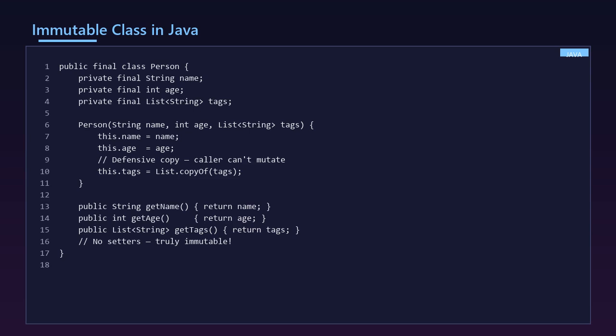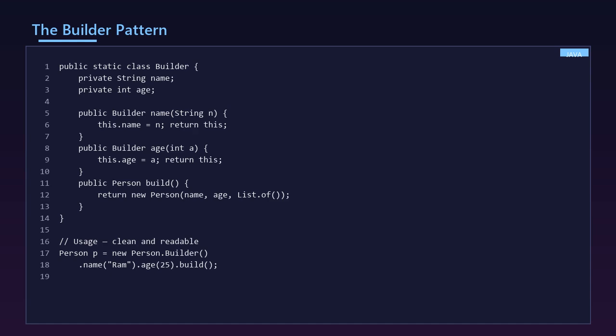If we just stored the reference, the caller could modify their original list and our immutable object would change. So we use list.copyof. This creates an unmodifiable copy. Now, this person object, once created, can never change. Safe to share anywhere. When an immutable class has many fields, constructors get messy. That's where the builder pattern comes in.